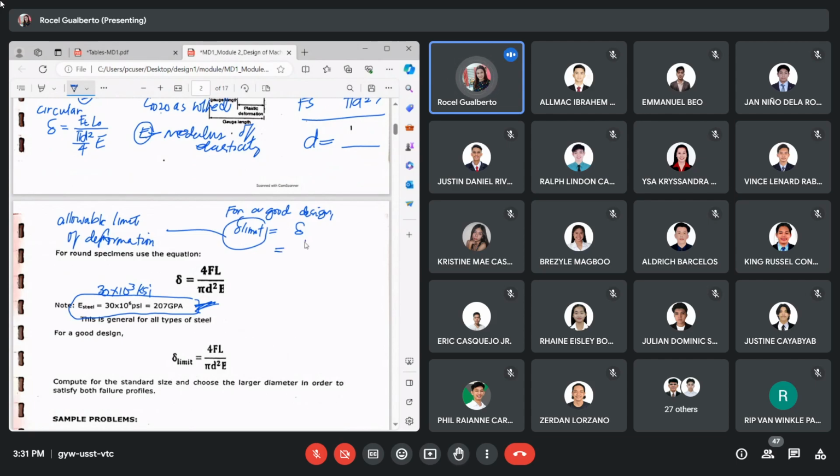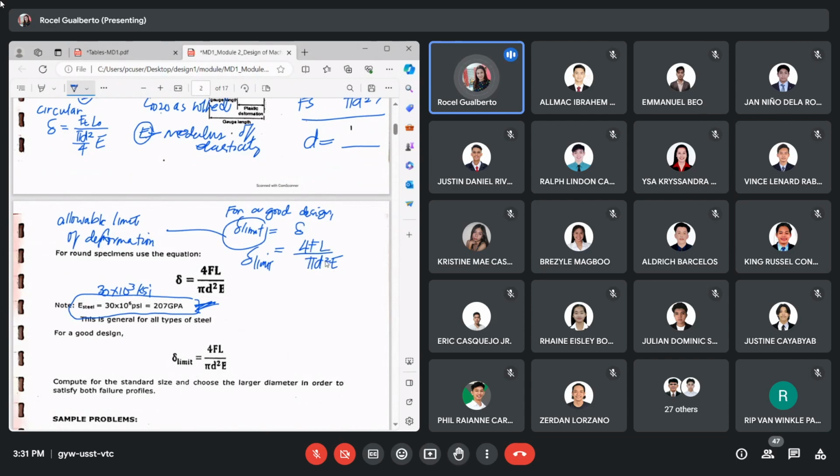So, ito po yung 4FL over pi d squared times E. Okay? So, ito po ay kung, again, siya po ay circular cross-section. Pero kung hindi po siya circular, ito pong parte na rin, this will be FL over AE.